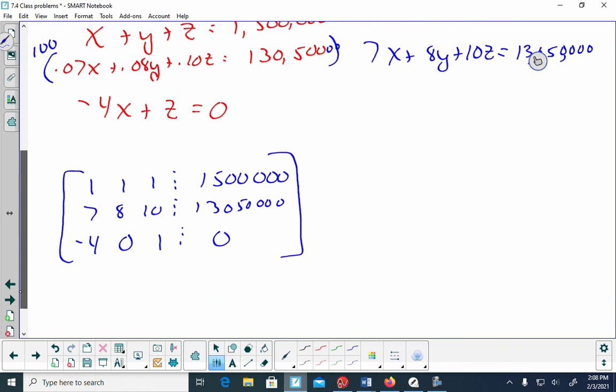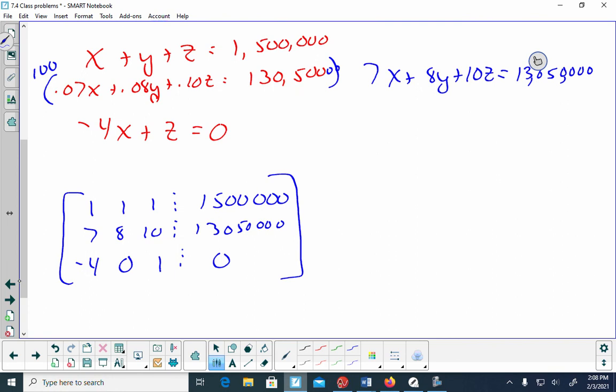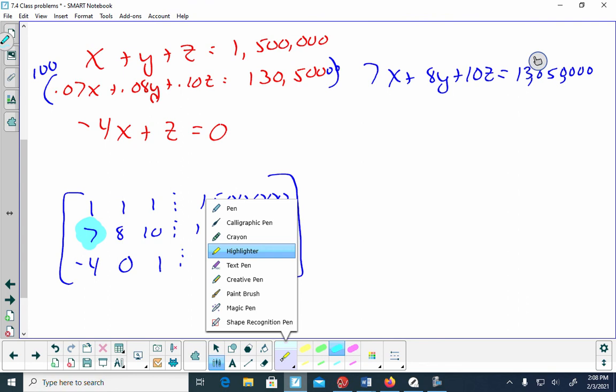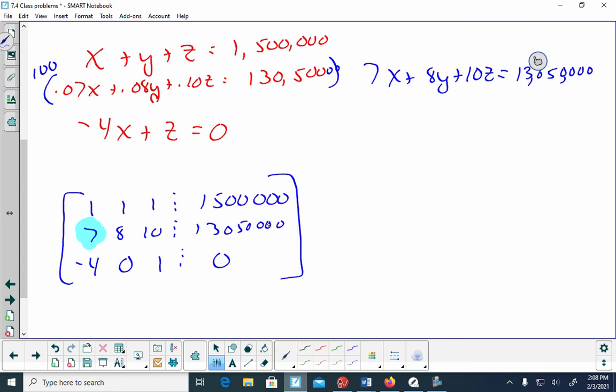First thing I'm going to do is do row 1 and row 2 to eliminate this. So I'm going to multiply row 1 by negative 7, and row 2.